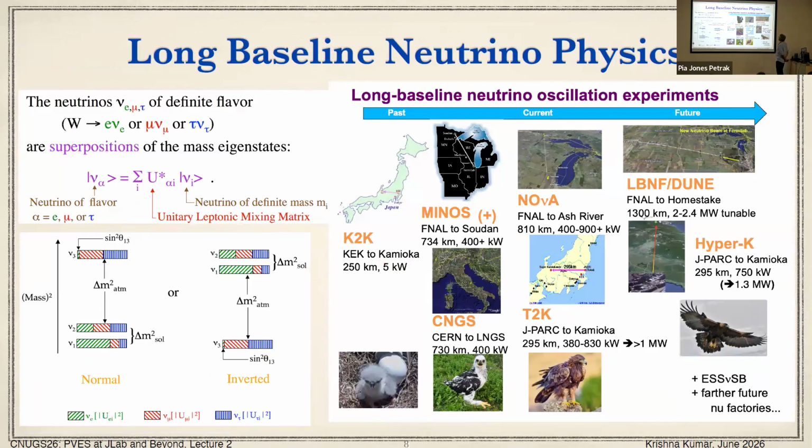Okay, so this is the one slide I have on neutrino properties worldwide. There's a lot of physics here already. So first of all, remember that once you have neutrino mass, you have neutrinos of definite flavor. And then these neutrinos of different flavor are superpositions of the mass eigenstates, nu1, nu2, and nu3.